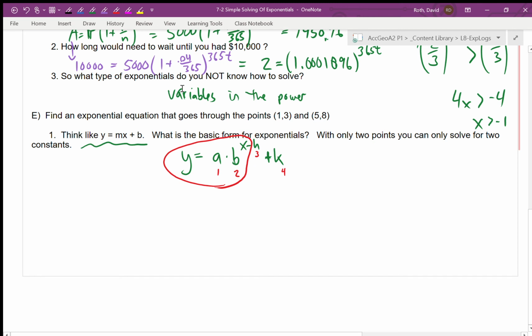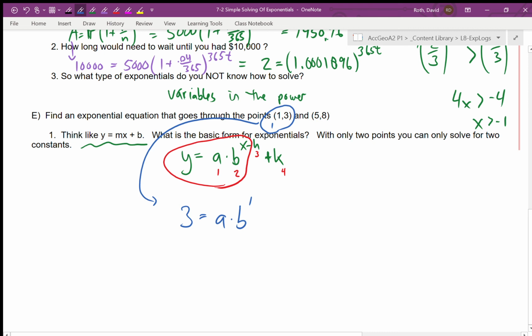Okay, so how do we work with this? Well, we could plug in points. Let's just plug in our X and Y and see what happens. Call this point 1 to get equation 1. Y is 3 equals A times B to the x power, which is 1.